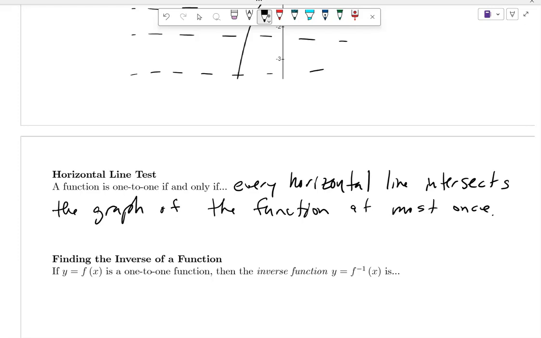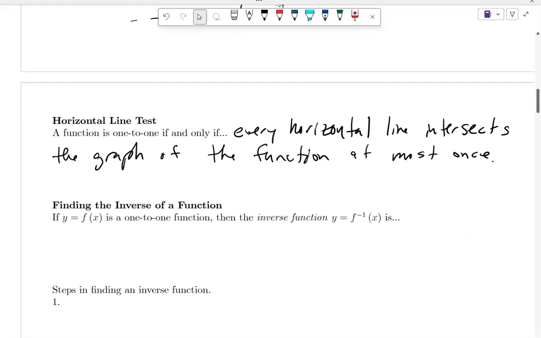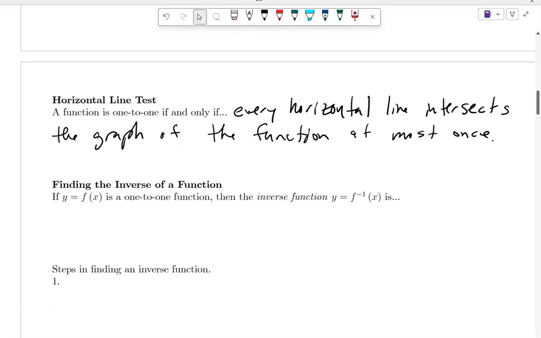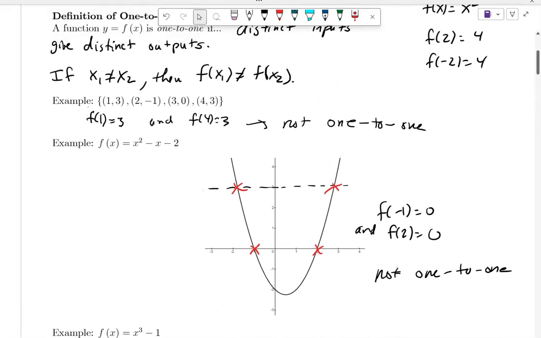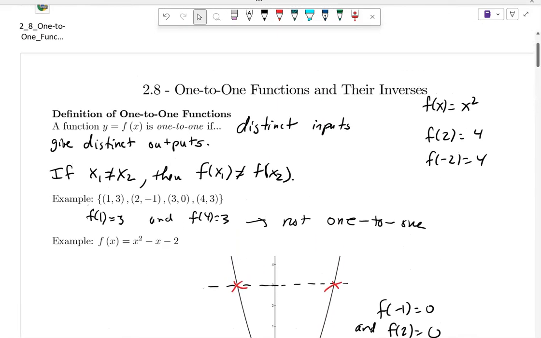Why do we care about 1 to 1 functions? Well, 1 to 1 functions allow us to undo things and come up with what we refer to as inverse functions. So, for example, what I mean by undoing, if I go back up to the very first thing that I said, in looking at f of x equals x squared, if I told you that 4 came out of that function, can you tell me with 100% certainty what went into the function?